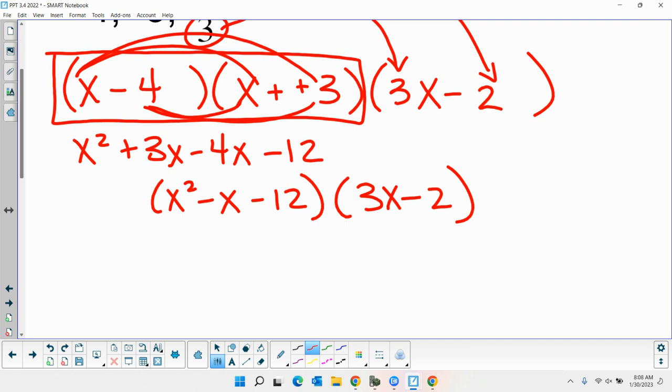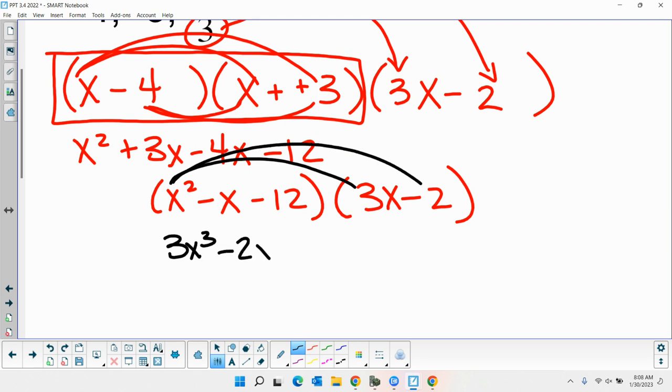So now I got 3 terms times 2 terms. So I'm going to get 6 terms. And then there might be some like terms that I can put together, which there usually is. So I'm going to go x squared times 3x, and x squared times negative 2. I'm going to do negative x times 3x, which is negative 3x squared.